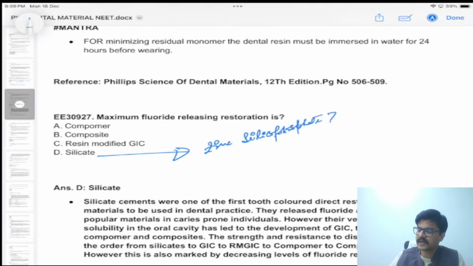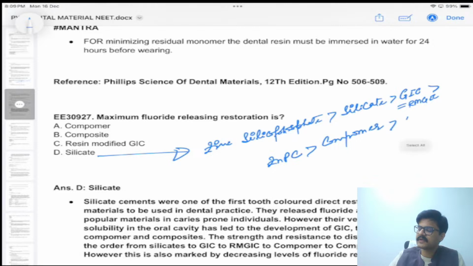Silicophosphate has got more fluoride release than simple silicate, which has got more fluoride release than GIC, which has got almost equal fluoride release as resin modified GIC, which has got more fluoride release than zinc polycarboxylate, which has got more fluoride release than Compomer, which has got more fluoride release than Composite, right? So that's the order.